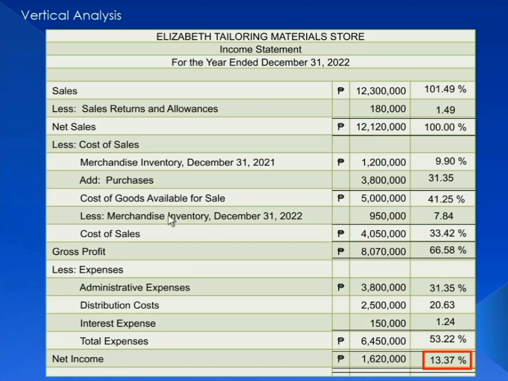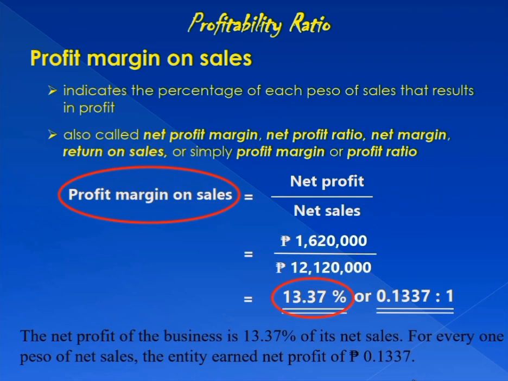Hence, when we divided this net income of 1,620,000 by this net sales figure of 12,120,000, we got this 13.37%, which is the net profit ratio or profit margin on sales.